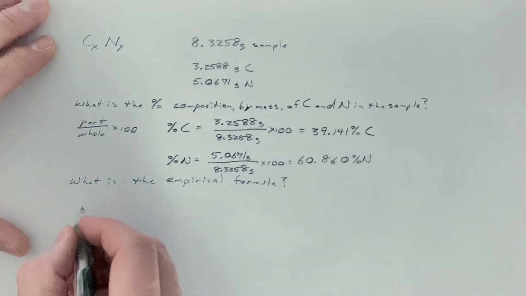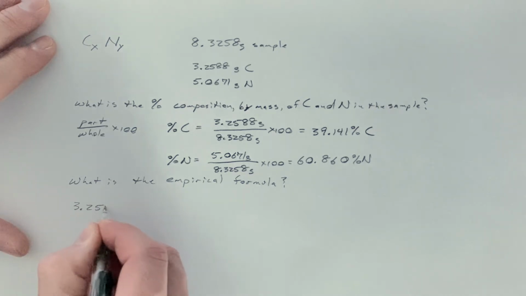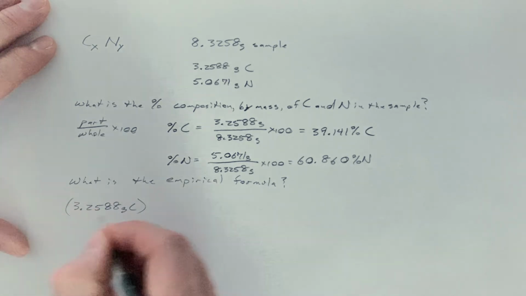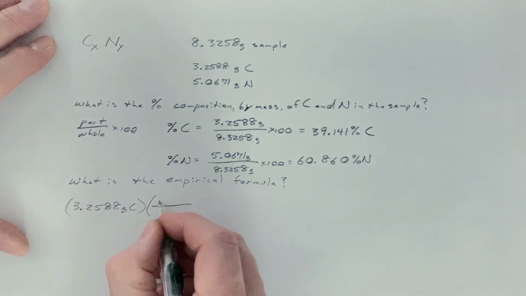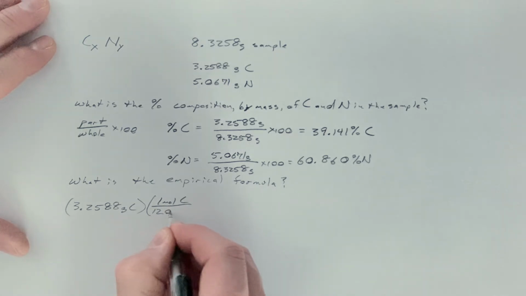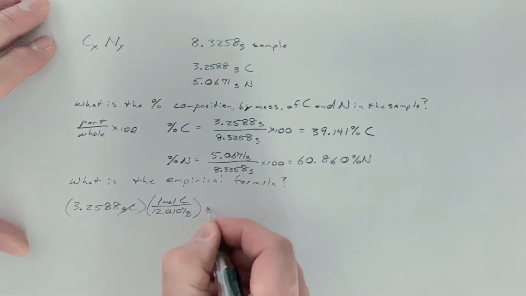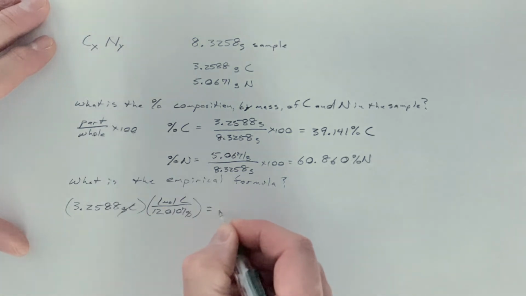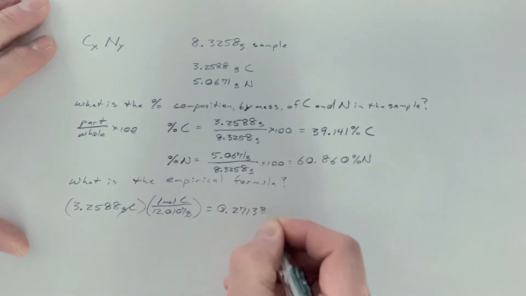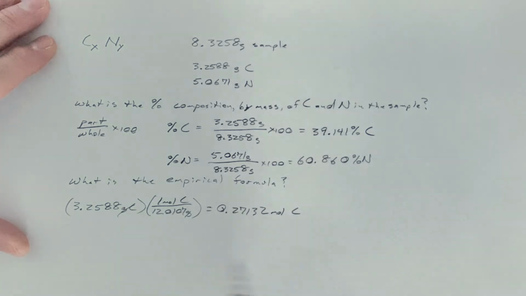Well, we'll say that we have 3.2588 grams of carbon. Again, we go to the periodic table. We see that 1 mole of carbon has a mass of 12.0107 grams. Grams cancel with grams, and this gets us 0.27132 moles of carbon.